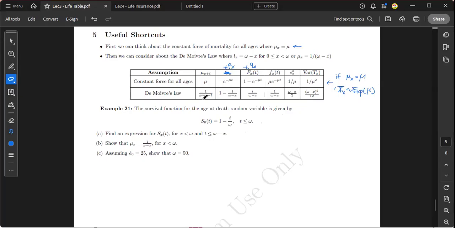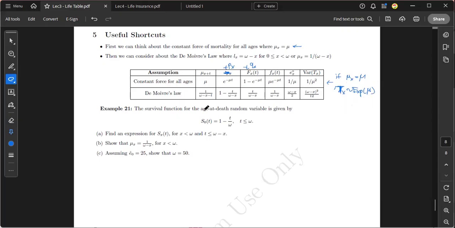So it's easy to work with this constant force of mortality when we say it as an assumption. Then we know that Tx follows an exponential distribution with that same mu.